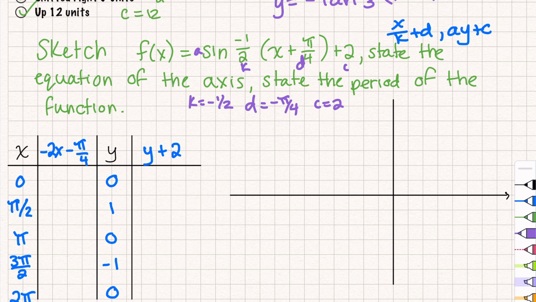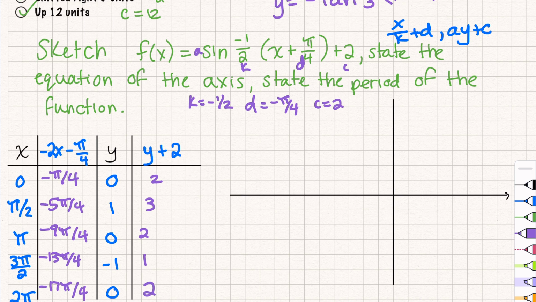Okay, so after you've done the math, you should have negative pi over 4, 2, negative 5 pi over 4, 3, negative 9 pi over 4, 2, negative 13 pi over 4, 1, and finally negative 17 pi over 4, 2.